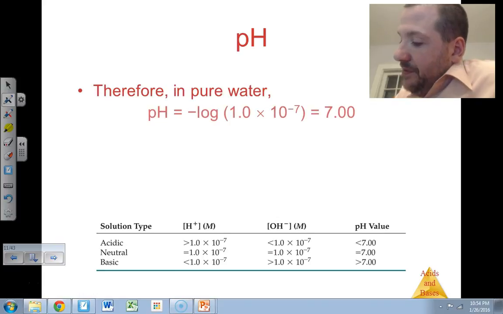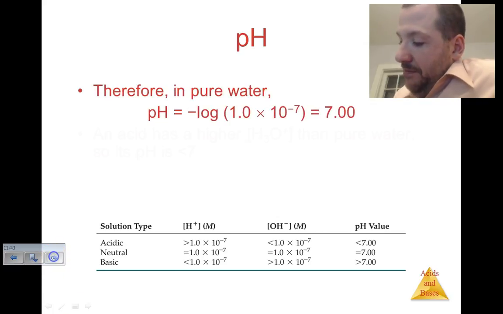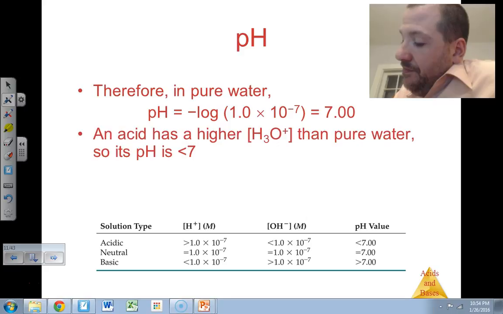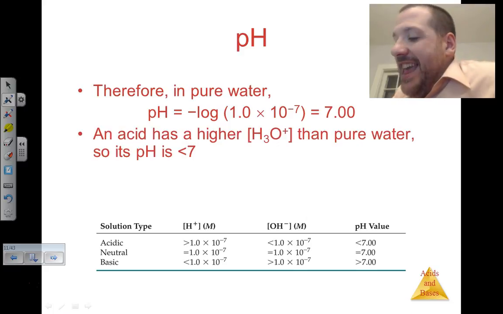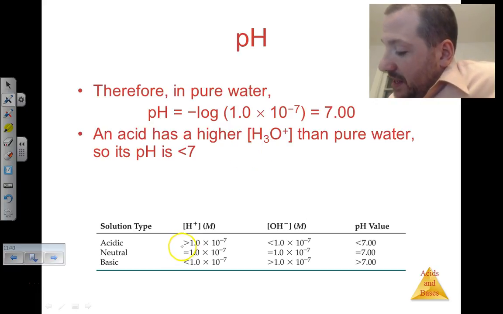Now, that's what we have here. Now, if you have more hydronium ion, so the concentration of hydronium ion is greater than 10 to the minus 7, that means that it is an acid, and that means that the pH value is less than 7.